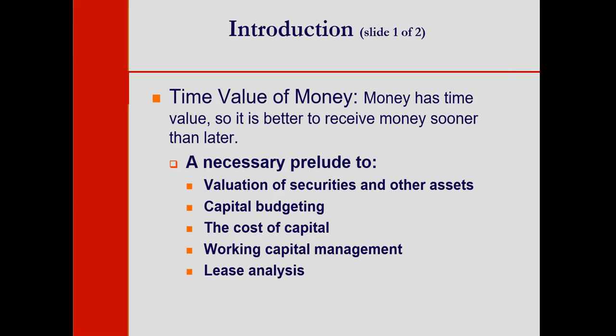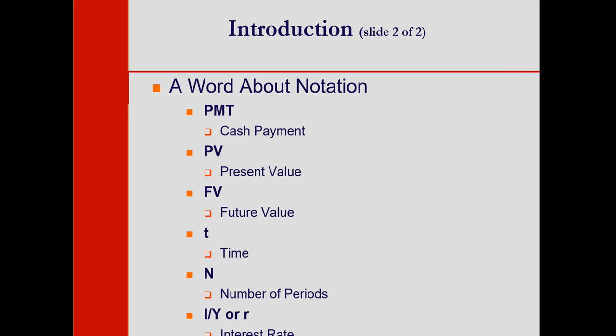You will need it for capital budgeting decisions, whether a particular project should be taken or not, because the project will give you cash flows at different points in time. Then cost of capital, working capital management, or lease analysis, in all these we will use the time value of money concept. That's why this is the first thing we are learning here.